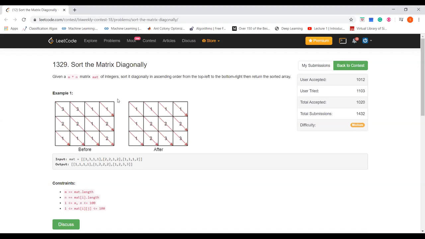Sorry, I'm still not able to understand. So what you're doing is essentially taking all the elements in the diagonal and sorting them in a single iteration? No. Let me share my whiteboard. Okay. So this is my 2 by 2 array.